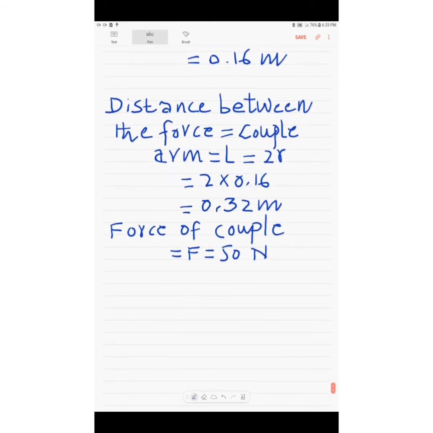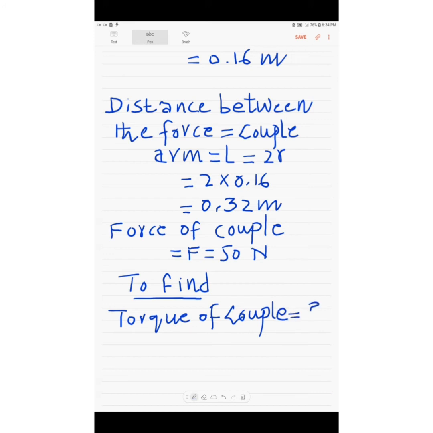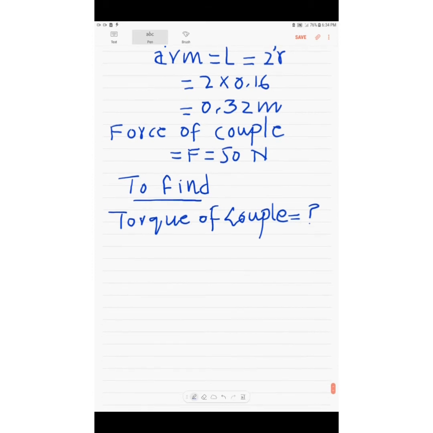Now you have to write next heading, to find. Underline it. You have to find the torque of couple. Question mark. Next is the formula. Underline it.